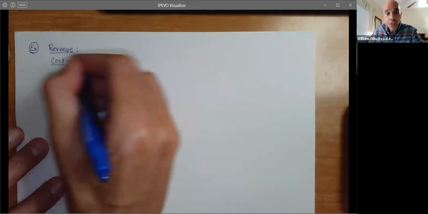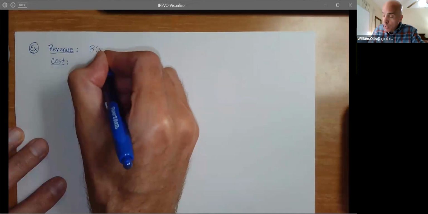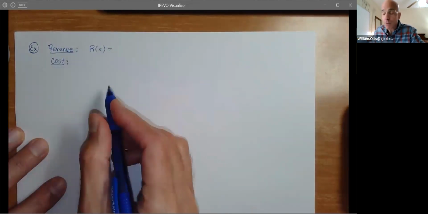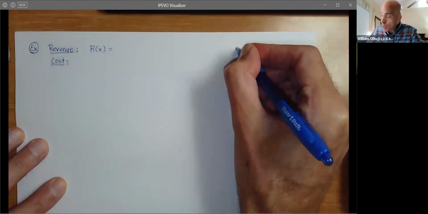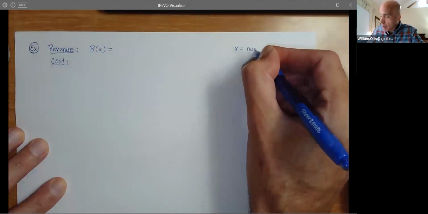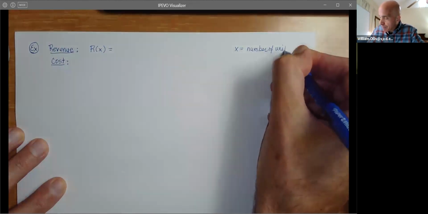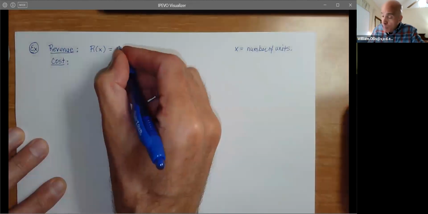Now, in this case, the problem gives a revenue, and we'll just use our function notation for now. This will just be a symbol, R for revenue. X is actually going to be number of units. So I'll write this over here. So we're producing units. So number of units. Now, here's what the problem says.